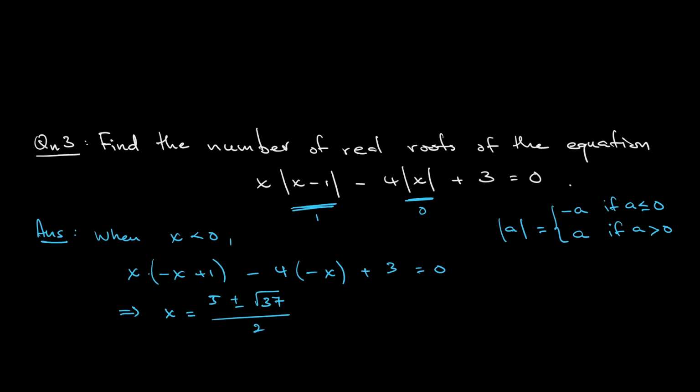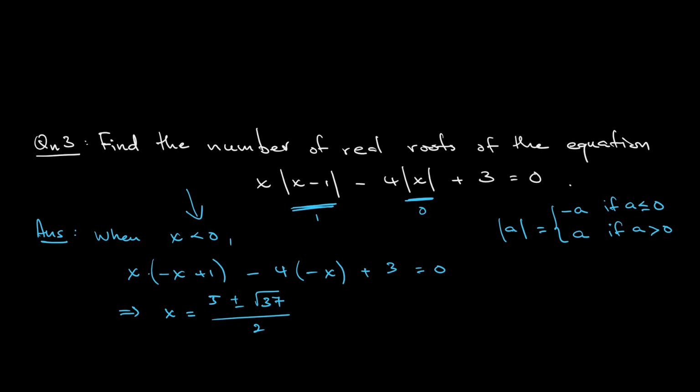Okay, so do I accept both values? Think about that. Okay, in fact, remember, we are considering the case of x smaller than 0, so I need to check whether these roots fall within the range of smaller than 0. Okay, so you notice when it is plus, it's obviously not smaller than 0, so you cannot accept 5 plus square root 37 over 2.